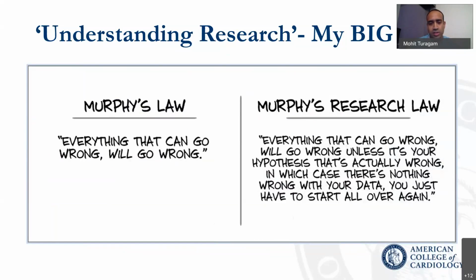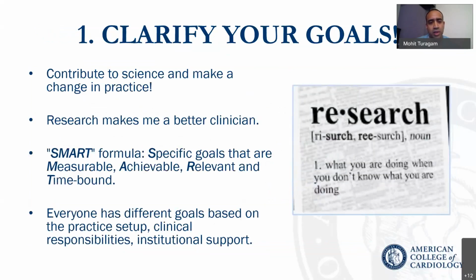It's an arduous process, as Jeff and Dr. Butler had mentioned. So the most important thing is to clarify your goals. Do you want to do research as a fellow in training or as an early career cardiologist? Do you want to contribute to science that changes clinical practice? Does research make you a better clinician?